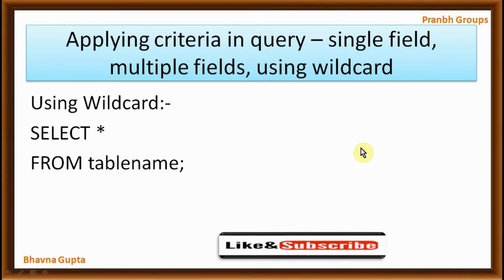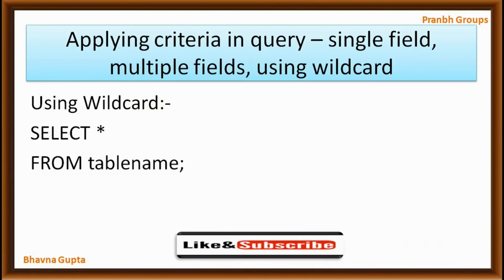The third criteria is a wildcard. If you want to use all fields, use the asterisk operator, type the statement select and then asterisk and then from and then table name, and at the end of the statement use a semicolon.